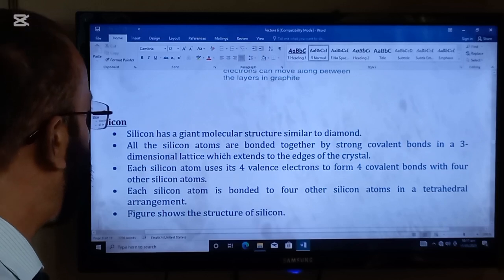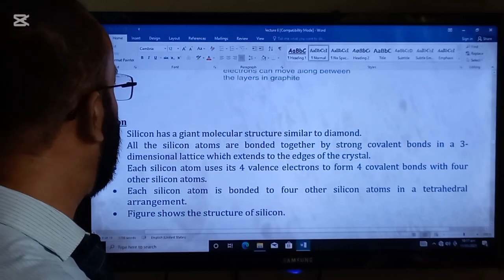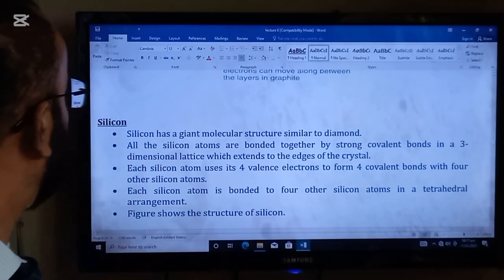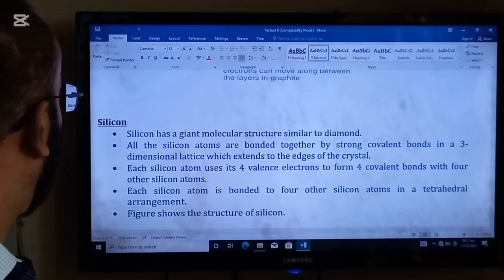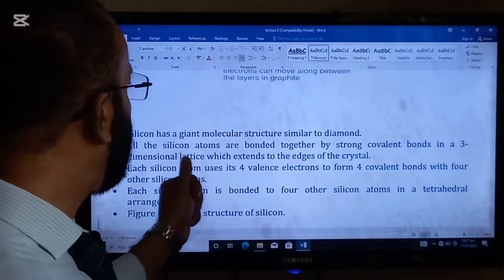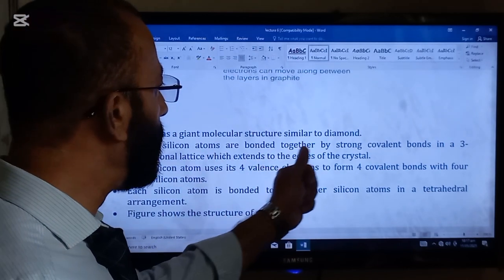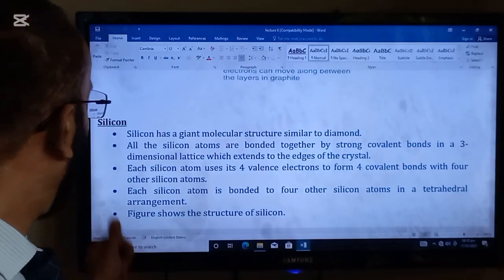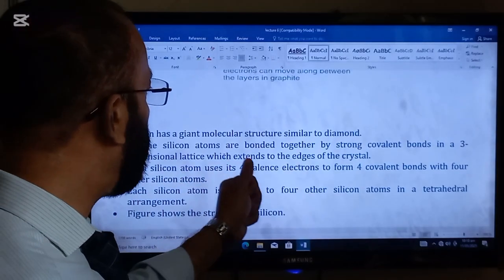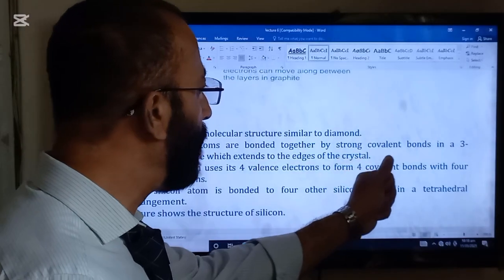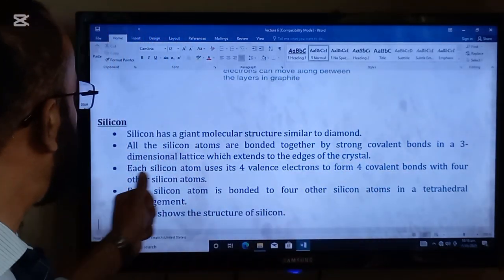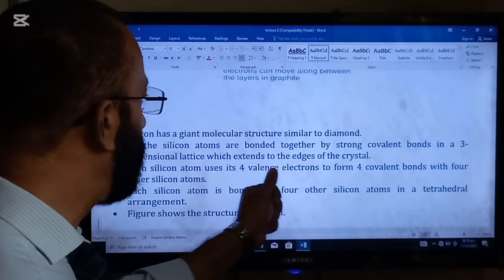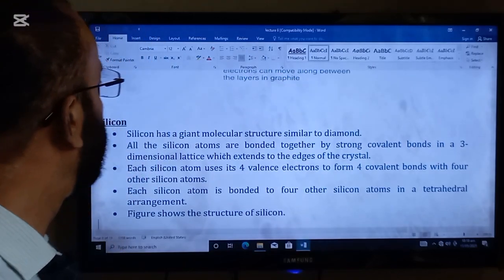Next topic in the giant molecular structure is silicon. Silicon has a giant molecular structure similar to diamond. All these silicon atoms are bonded together by strong covalent bonds in a 3-dimensional lattice which extends to the edges of the crystal.